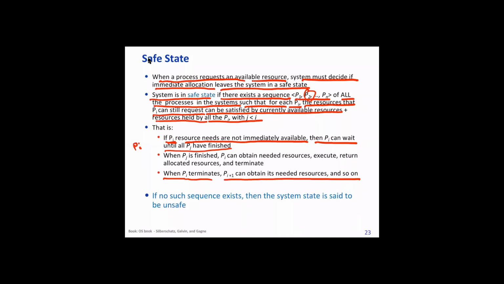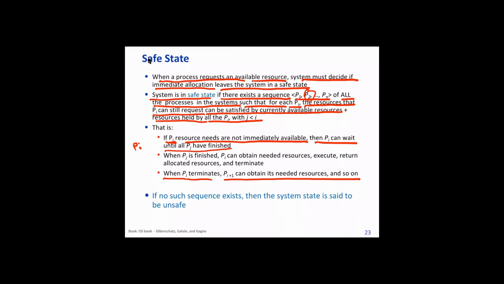So we have to find a sequence such that resources held by other processes plus the available resources are sufficient to meet the need of that process. Then we can say it's in a safe state if any such sequence exists.